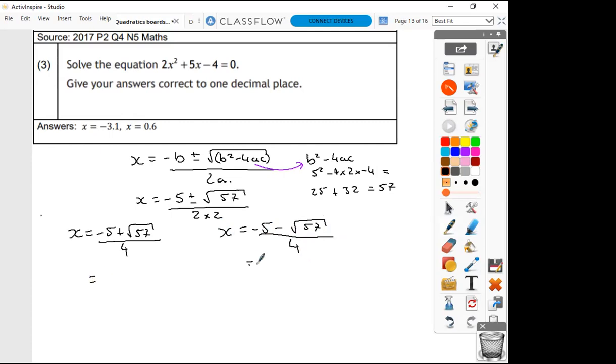Putting that in the calculators should spit out those answers. 0.63, so to 1 decimal place.